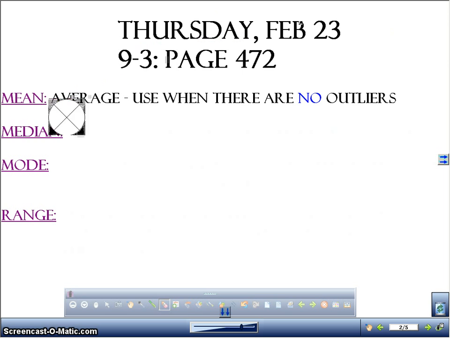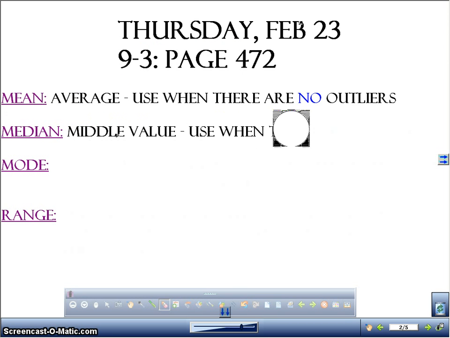When there are outliers, we want to use a median. The median is the middle value. So you take all the numbers and you put them in order from least to greatest, and then you count from either end until you find the middle number. Once you find that middle number, that is your median, and that's it. That's really nice when you have outliers because they just kind of cancel each other out.